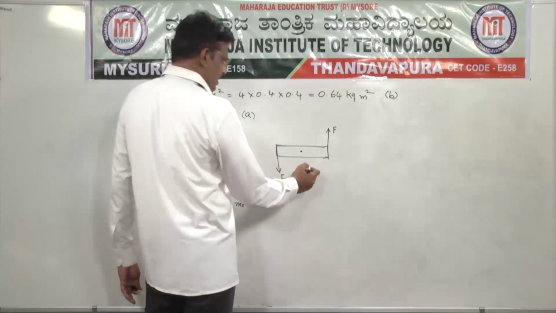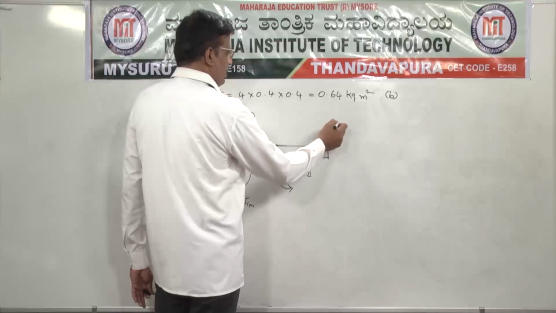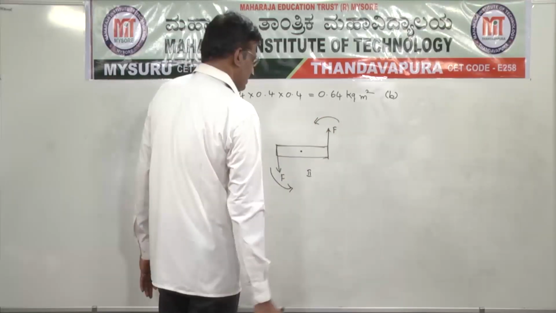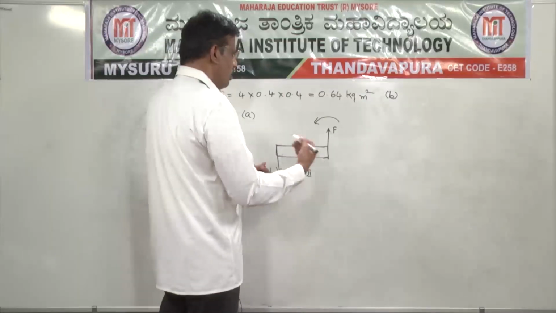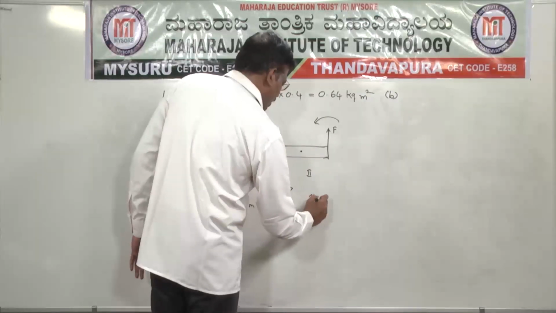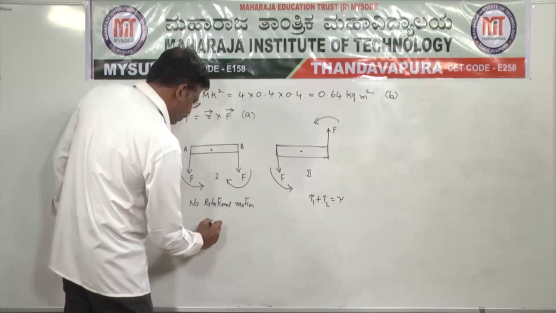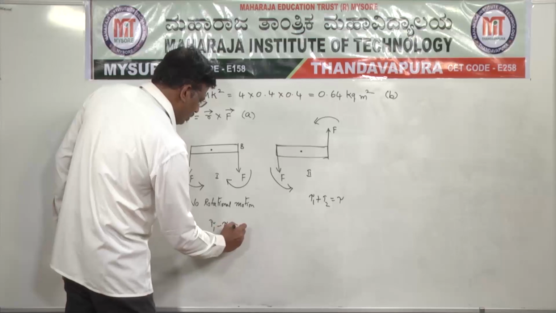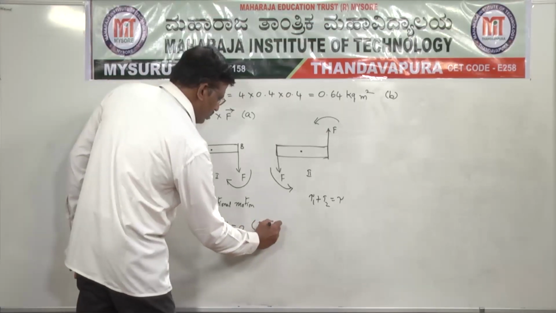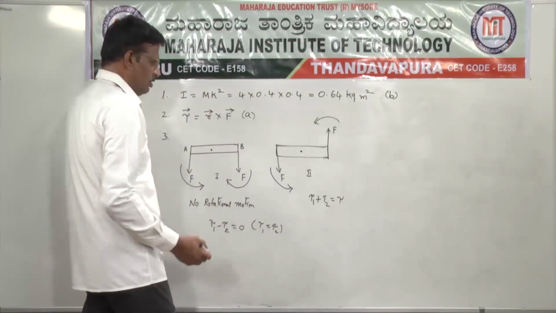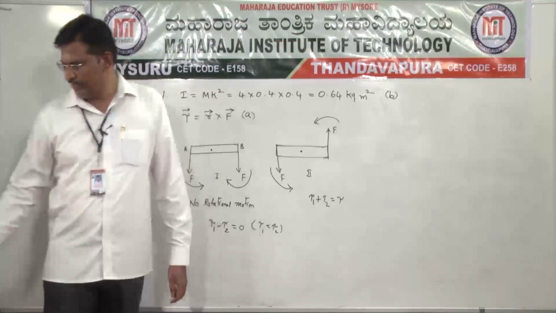Whereas in the case of the second diagram, both are acting in the anti-clockwise direction, so tau 1 plus tau 2 add up to give the resultant. In the first diagram, tau 1 and tau 2 are in opposite directions, and tau 1 is equal to tau 2. So therefore our option is the first diagram.